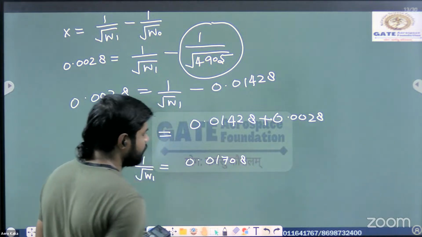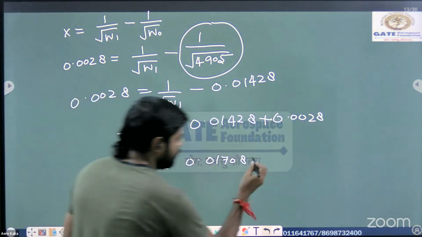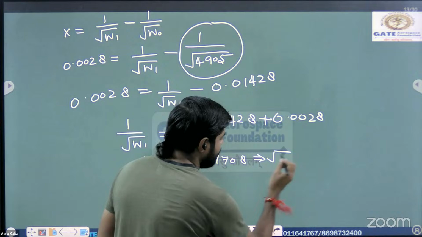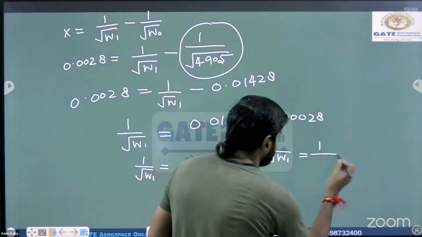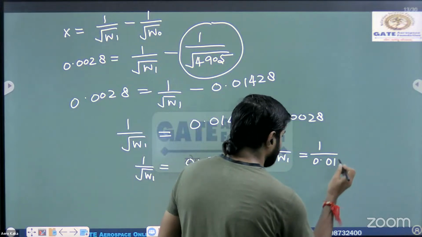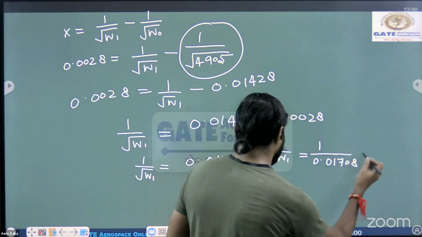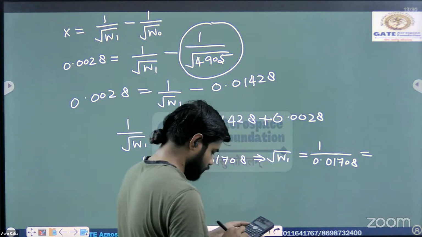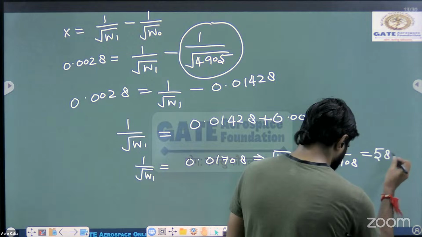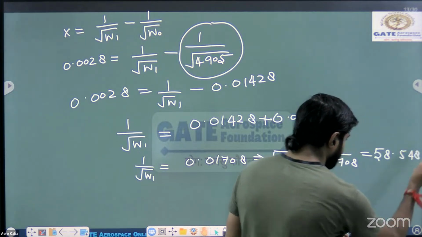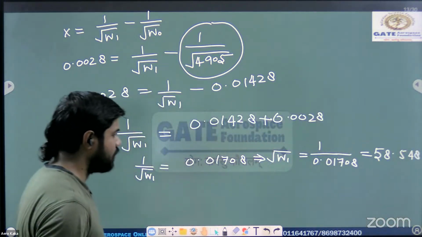Are you getting this value? Check please. Yes, sir. Now I can write root W1 is equal to 1 upon 0.01708. So 1 upon the answer, are you getting 58 point something? 58.553, right.